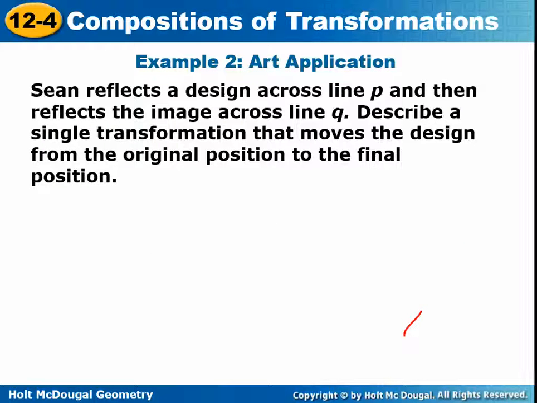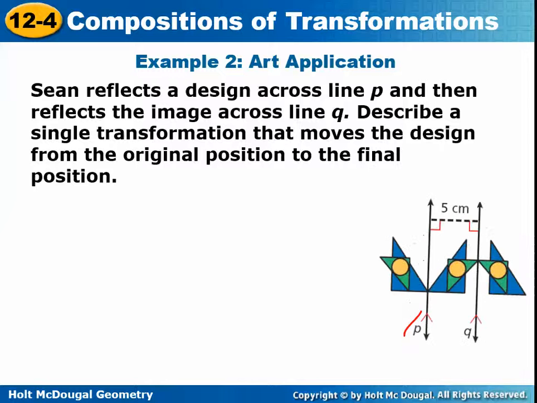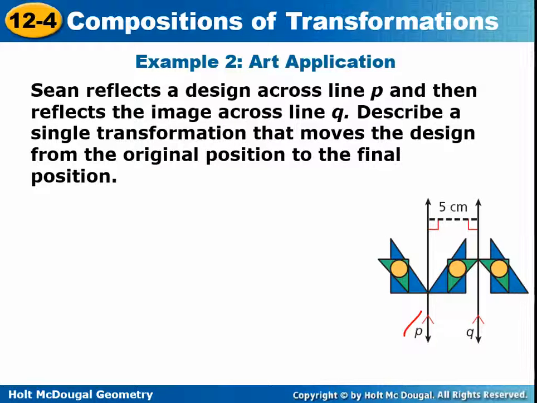Okay, let's look at an example of this. We have the design reflected across line P and then again across line Q. Now you have to know if line P and Q are parallel, which now that we see the image, we see they are parallel. These arrows here tell us that they're parallel lines. So first it's being reflected across P and then reflected across Q. What would be the single transformation that moves the design from the original position to the final position?